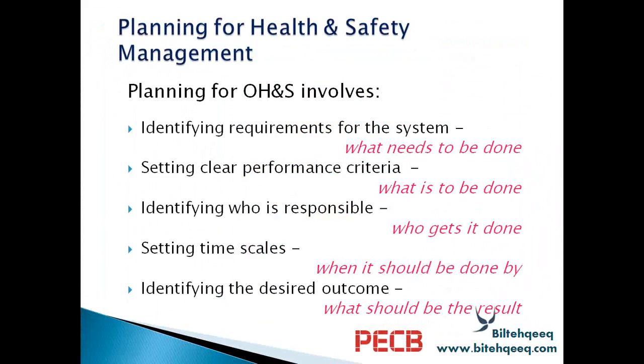So in the planning, we have to answer all these questions: what needs to be done, what is to be done, who gets it done, when it should be done, what should be the results. So in planning of occupational health and safety, we describe all these things.